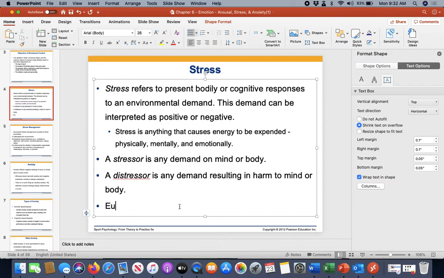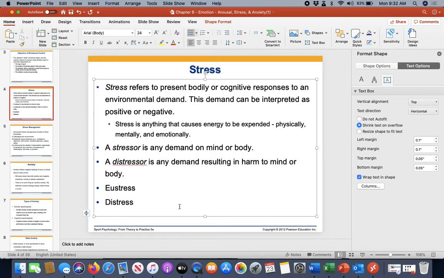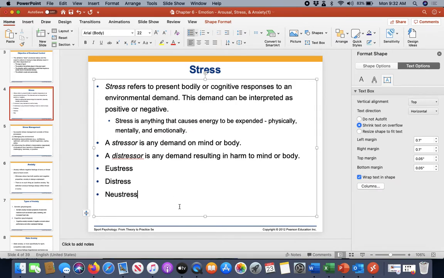So you have eustress, we talked about distress, and eustress. Eustress is actual positive stress. Distress is that negative stress that we talked about. So exercising is a positive stressor.